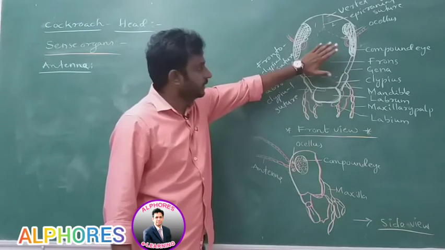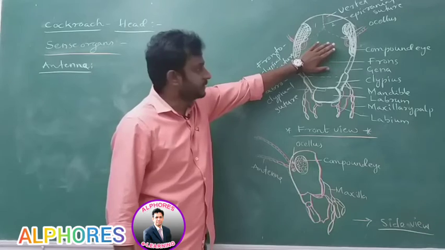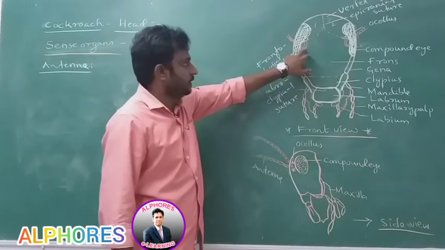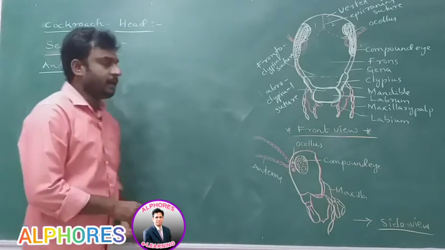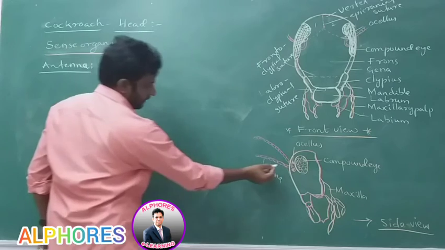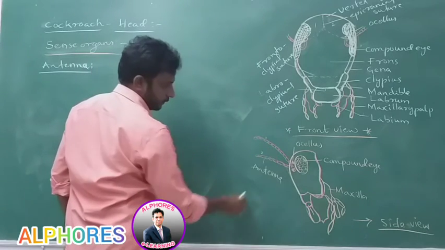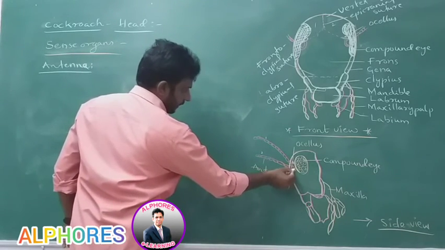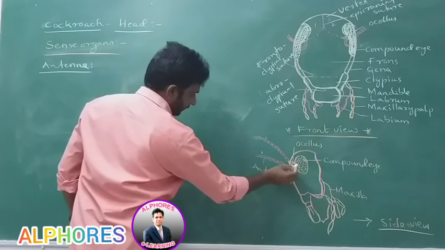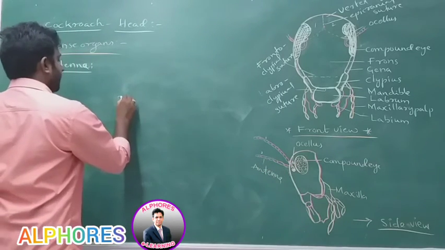What is the frons? The largest part of the head is called the frons. From the lateral sides of the frons, one pair of antennae arises. Antennae are sensory organs. This is the first one, the second one, two antennae arising from the frons.